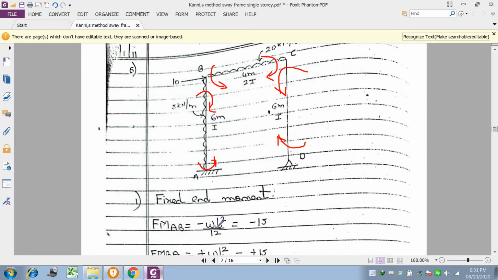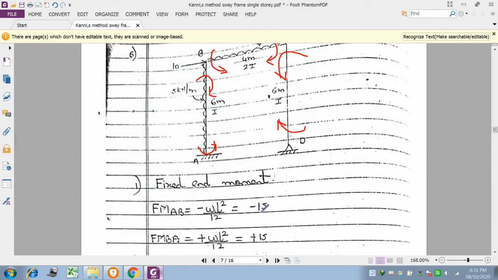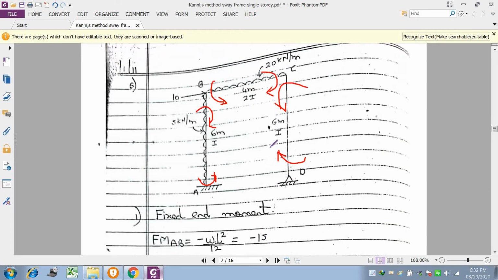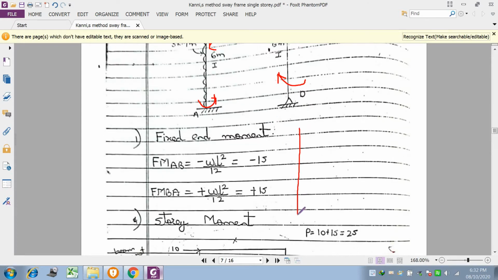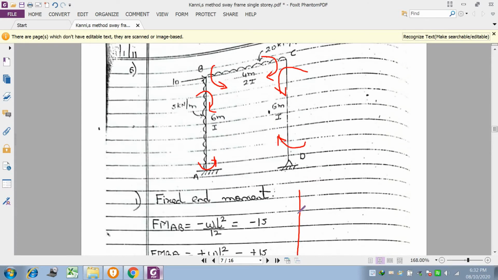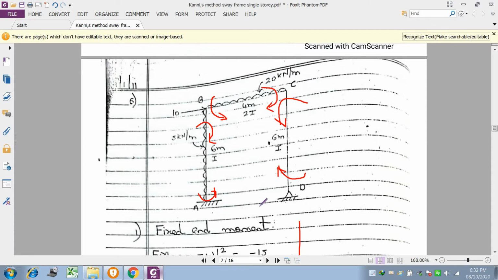So fixed end moment for AB will be equal to minus WL square by 12, that is 5 into 6 square by 12, so it will be 15. Similarly for BA it will be plus 15. Here he has not calculated the BA and BC values, but we can calculate them here also. So BC will be equal to 20 into 4 square divided by 12, so the answer will be 26.67.